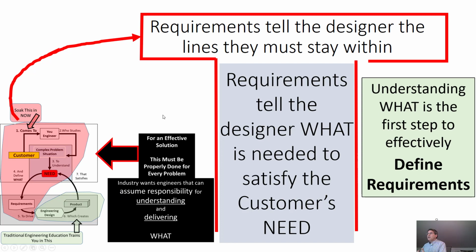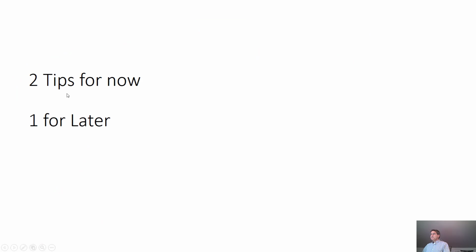So that whole what versus how, it's critical for you to try to develop that ability and just realize this working with the customer is what industry wants you to be able to do when you get out, even though your school may only focus on this piece right down here. Like I said, I encourage you to soak this in now and begin to develop that ability and understand and see how important it is.